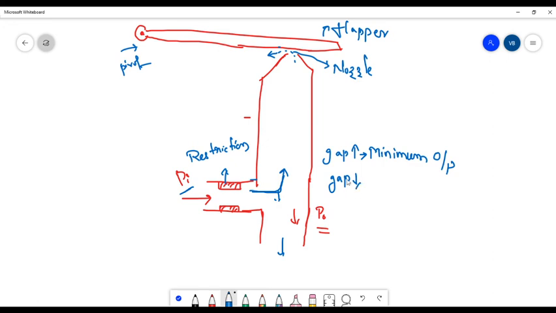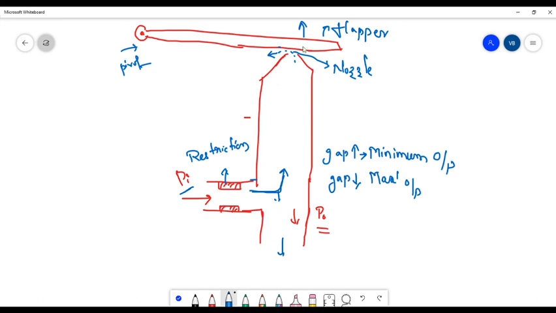If there is no gap, the air goes like this, but there is no path to move that air, so the entire air will come to the output terminal. So we are getting the maximum output. Whenever you move the flapper in the upward direction, the total input you apply will drain out from this part, so you get the minimum output at this terminal.